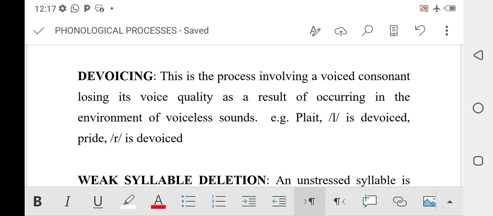So in this place, we say that the phonological process of devoicing has occurred. Devoicing is when a voiced sound loses its voice nature because it is occurring with a voiceless sound, usually at the initial position of a word.